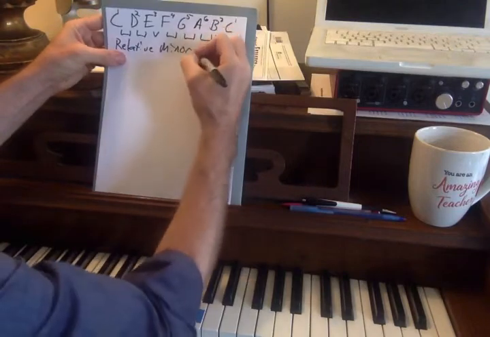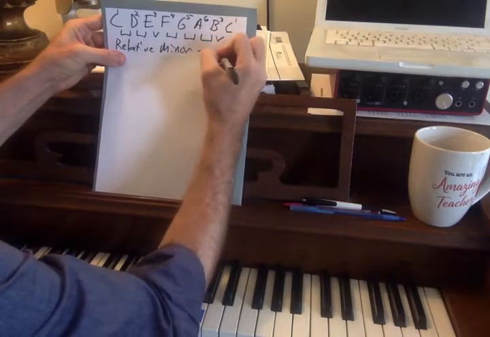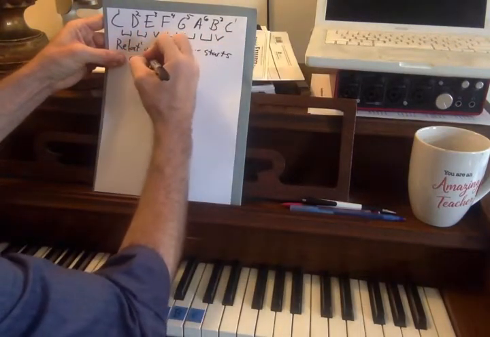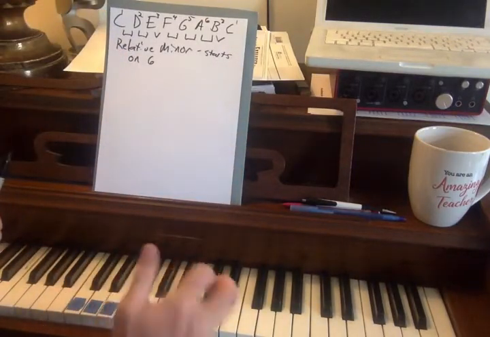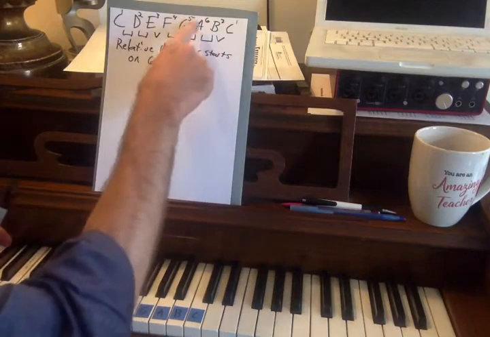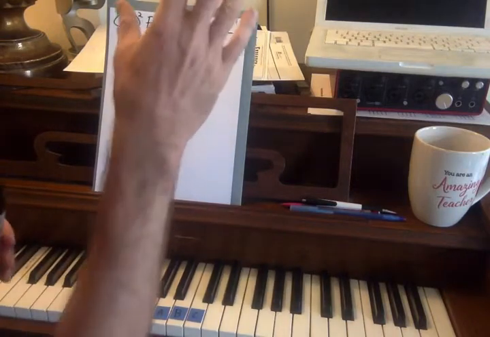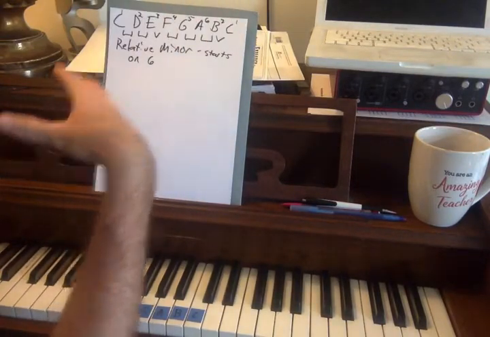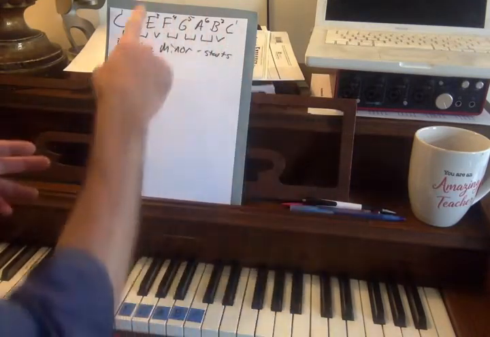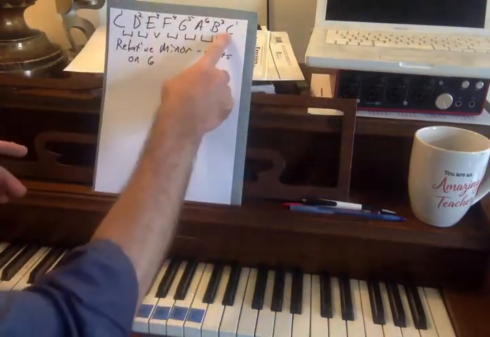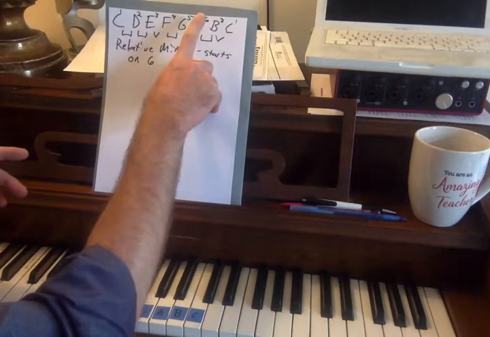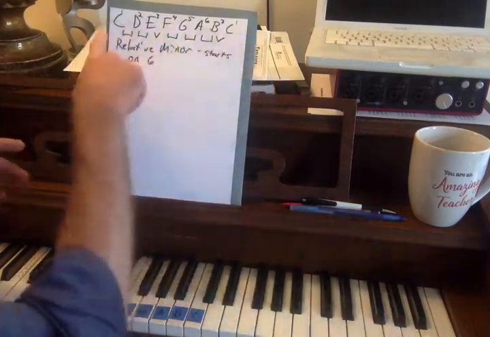So relative minor starts the same pattern on 6. So, if I'm in the C major scale, the relative minor would be A minor. So every major key and minor key that are related in this way are called relative major and relative minor. So C is the relative major to A minor because A is the sixth note of the C major scale.